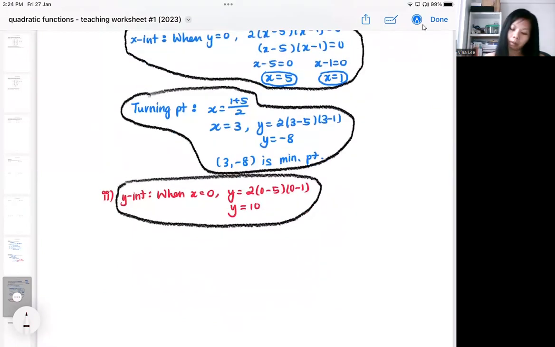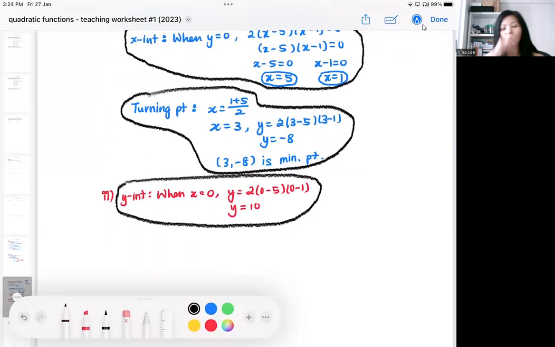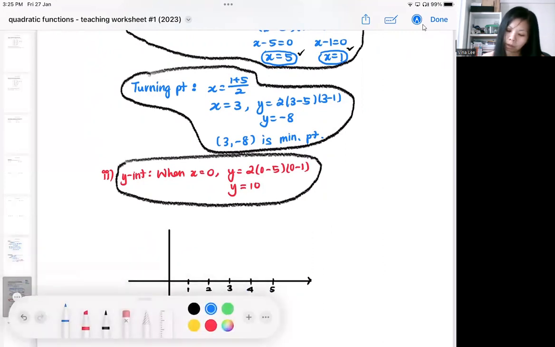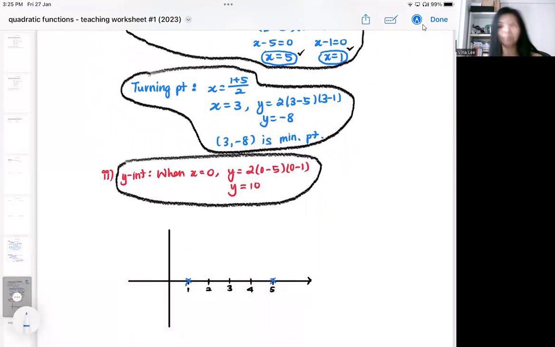Here comes another issue. Some people, with the 3 blocks of working, find that it's a bit of a mind block to be drawing. What I do is look at the horizontal axis first. I will look at the x-intercepts, somewhere here, 1, 2, 3, 4, 5. These are the 2 coordinates.